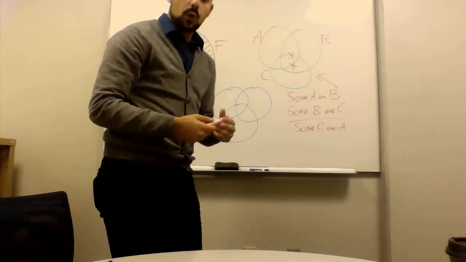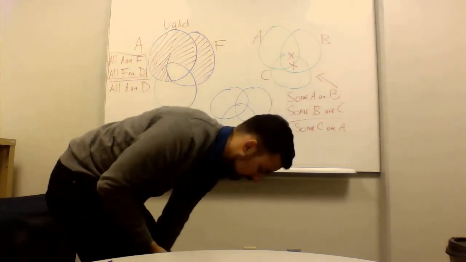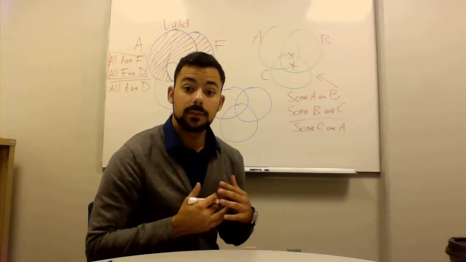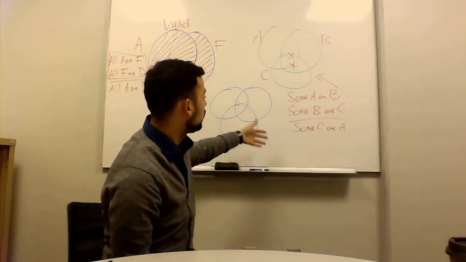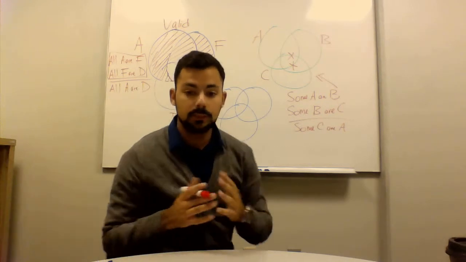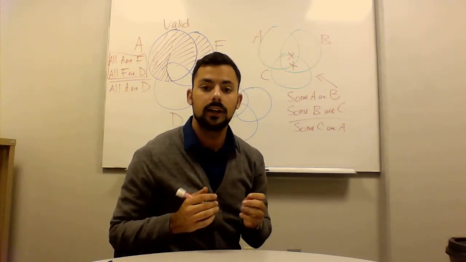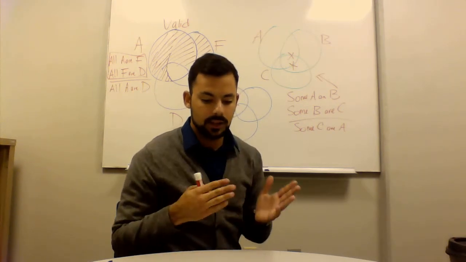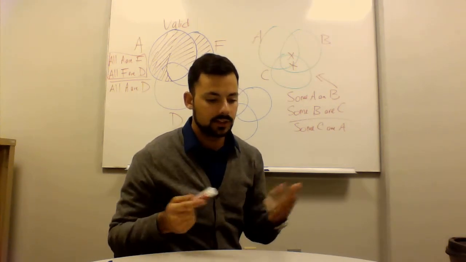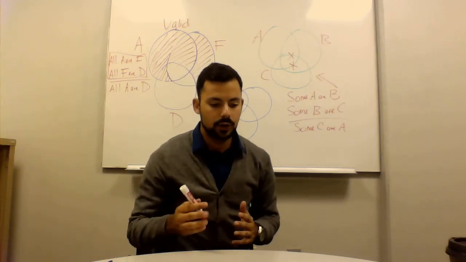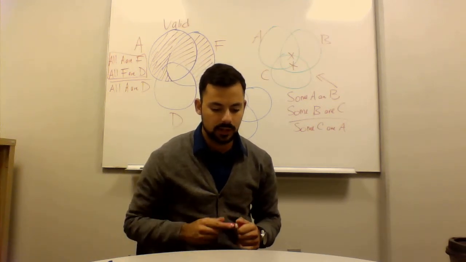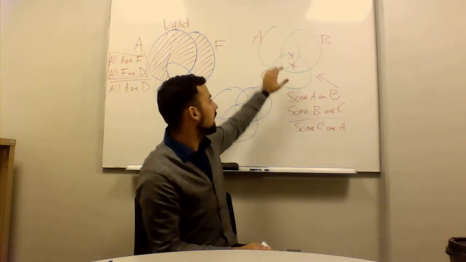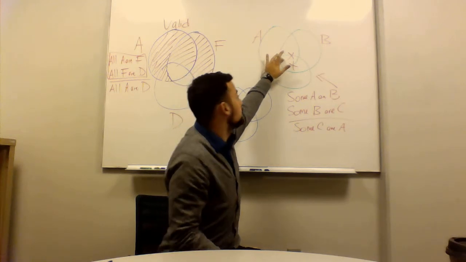In order for a particular statement to be true, or a particular conclusion to be true, an X must be completely enclosed in an area, or it must be definitive, right? Okay, so if we see here some A are B, remember we were kind of hedging our bets, but that A that is a B could be up here.